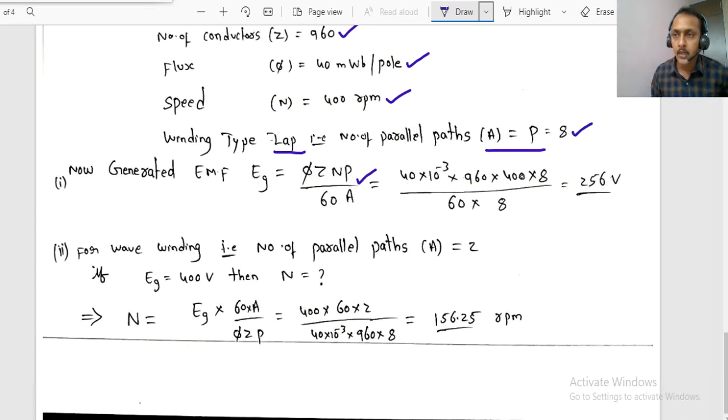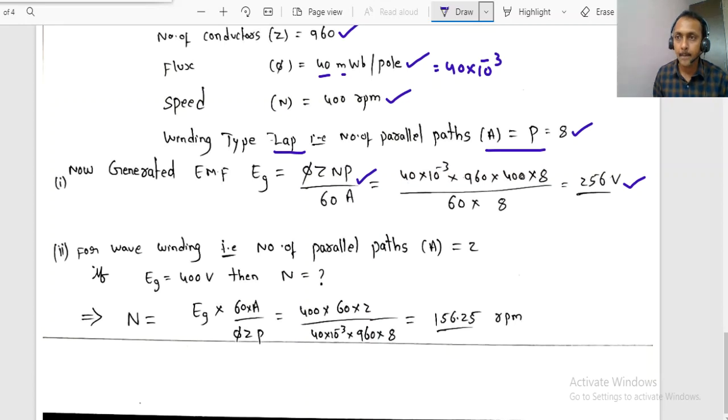Now in this formula, EG equals φZNP by 60A, for φ the common mistake most students commit is directly writing 40, but he has specified clearly 40 milliweber. So you have to substitute 40 into 10 power minus 3. That is what we have done here: 40 into 10 power minus 3 into 960 into 400 into 8 divided by 60 into 8. So in total we are getting 256 volts from the generator.